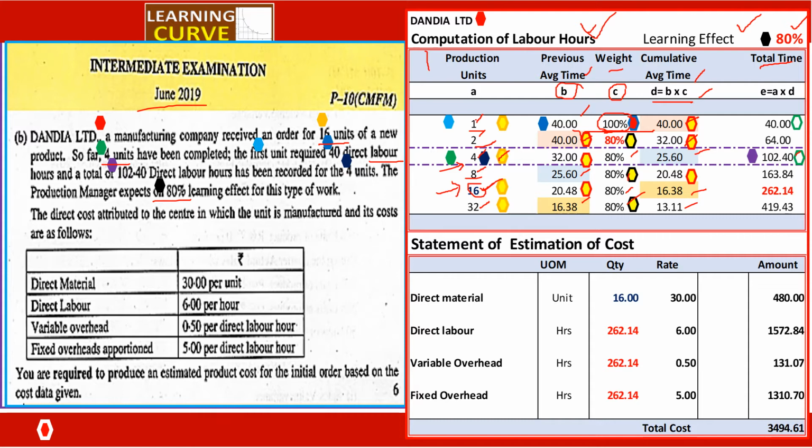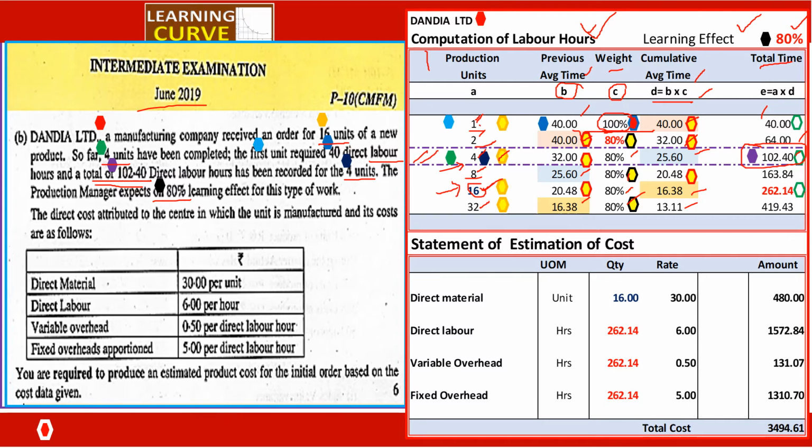Average time into number of units. 1 into 40, 40. 2 into 32, 64. 4 into 25.6, 102.4. You have to understand here that you got 102.4. This is what was indicated when they said the first unit required 40 direct labor hours and a total of 102.4 direct labor hours has been recorded for 4 units. We are just highlighting it in this row.